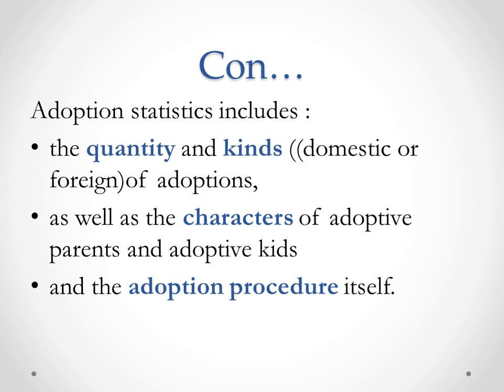In addition to this, the characteristics of the adopted kids, as well as the adoptive parents, are also collected. Another data covered by adoption statistics is adoption procedures. So, adoption statistics is one of the major vital events collected.